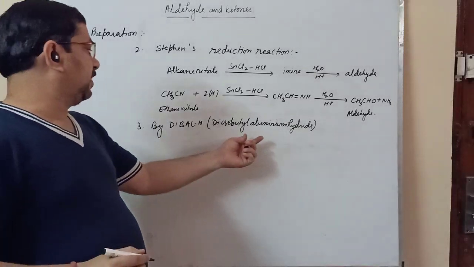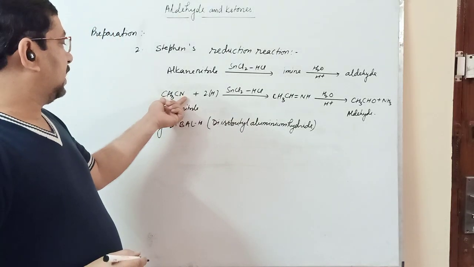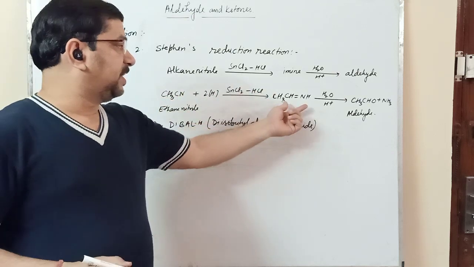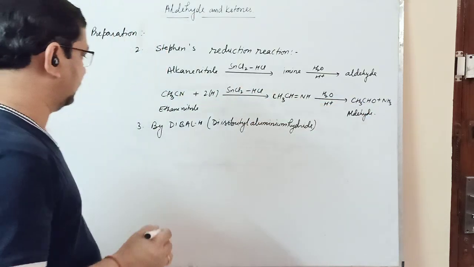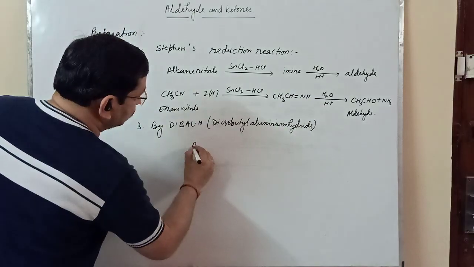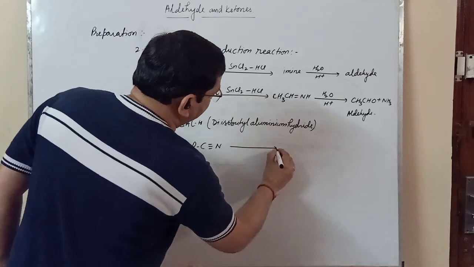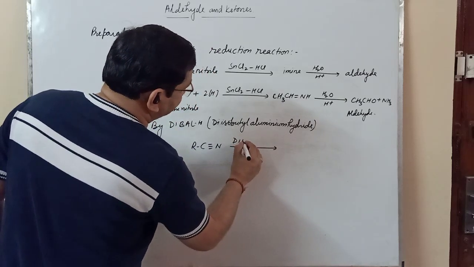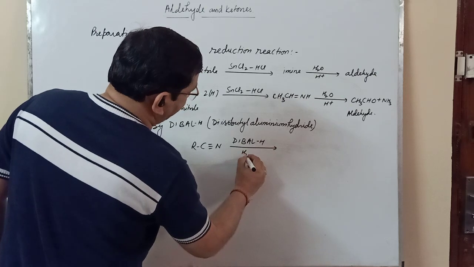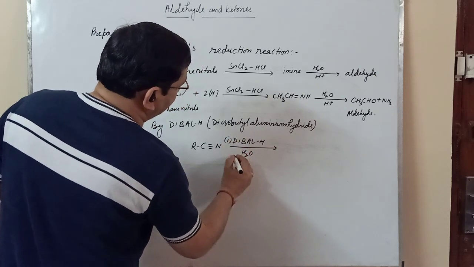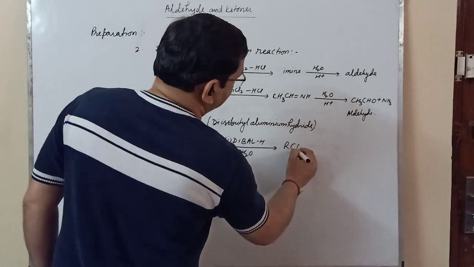Diisobutyl aluminium hydride also reduces alkane nitrile into imine, and that on hydrolysis with water gives aldehyde. So here also RCN with DIBAL-H followed by hydrolysis. First we are treating with DIBAL-H, second hydrolysis, and it gives RCHO.